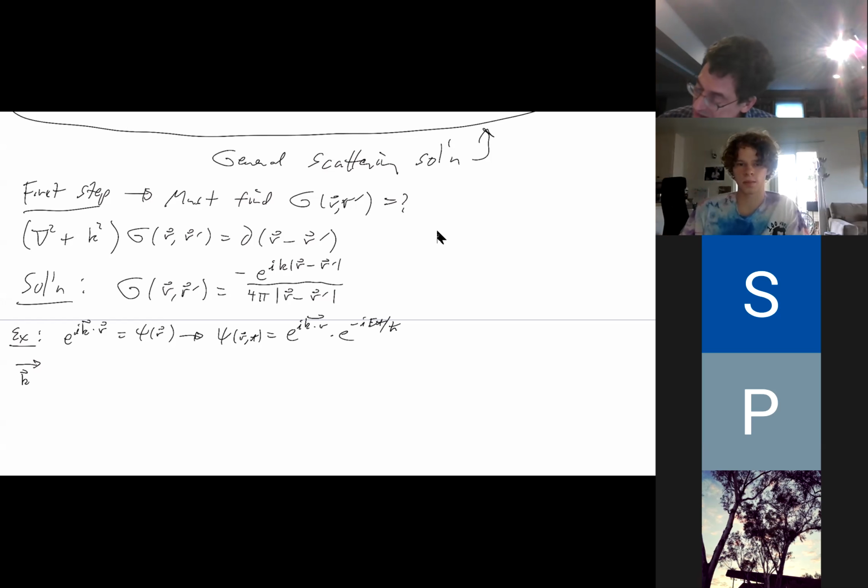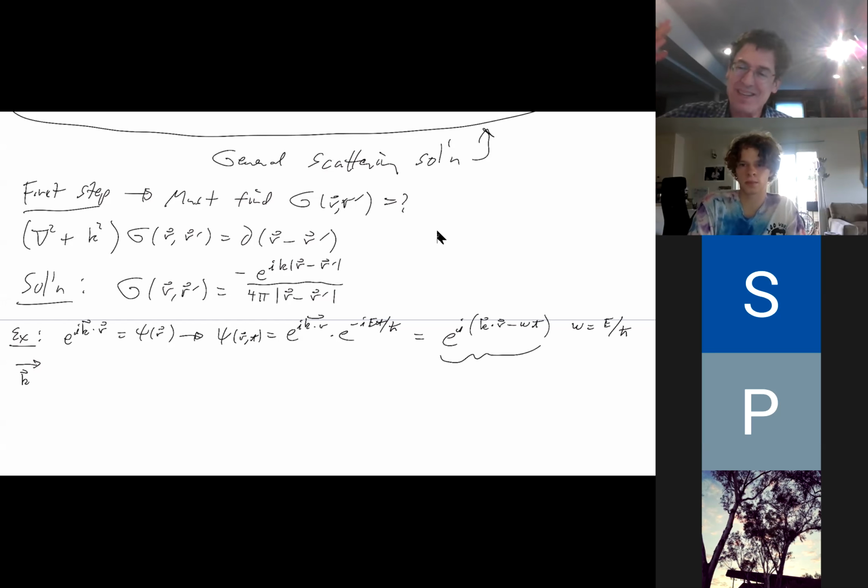In which case this is equal to e to the i (k dot r minus omega t), where omega is equal to E over h bar. And that is a plane wave moving to the right, by definition of plane wave. So that is a wave going right.